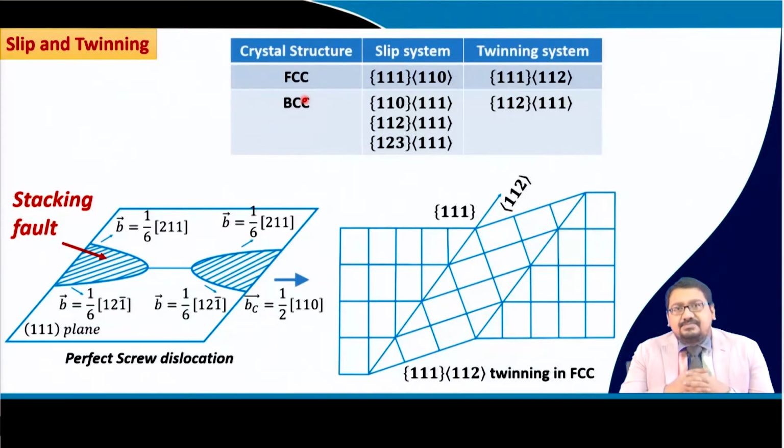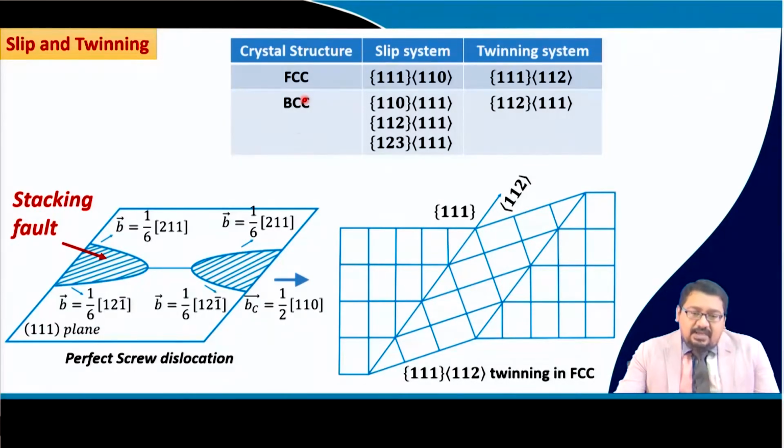There are 4 111 type slip planes in an FCC crystal, and each 111 plane has 3 110 directions. So, there are 12 slip systems present in the FCC material, and we all know about it.